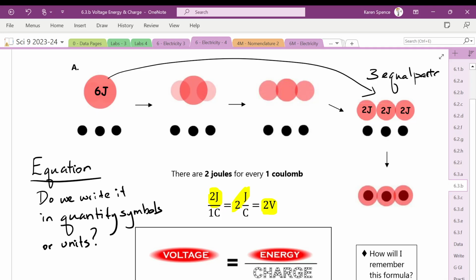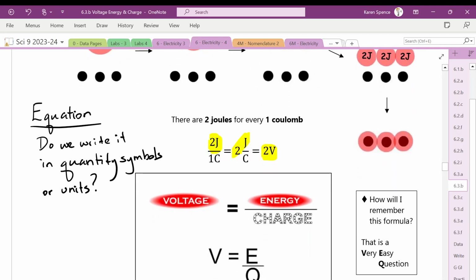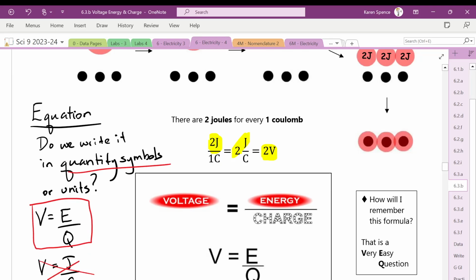Do you remember? So I've got 2 possible ways I could write this. I could write voltage is equal to energy over charge, or I could write it as volts equals joules over coulombs. Okay, so which one should I choose for how to write the equation? Yes, the first one, absolutely. So we're going to be using our quantity symbols. Okay, so V is equal to E over Q.